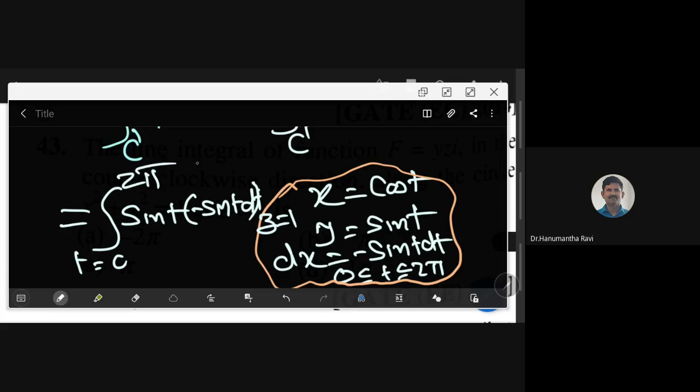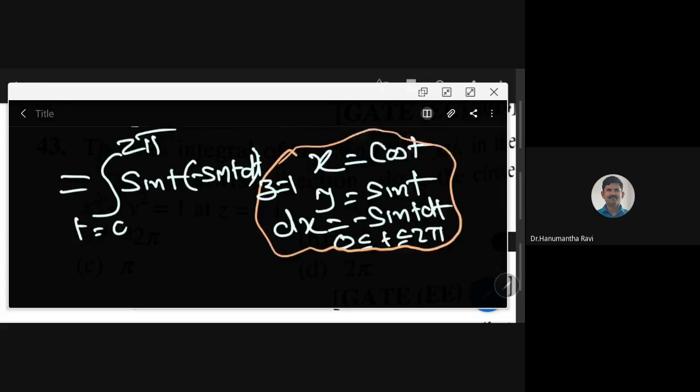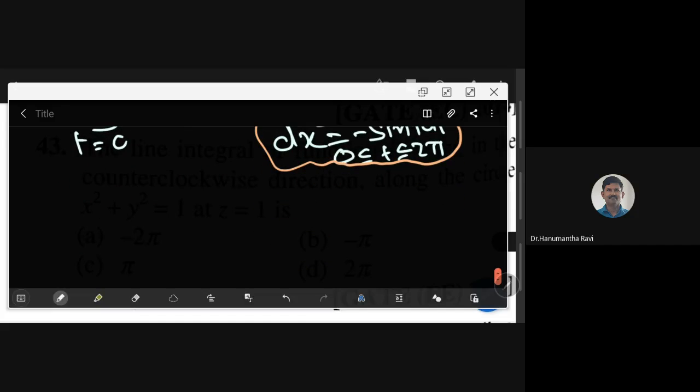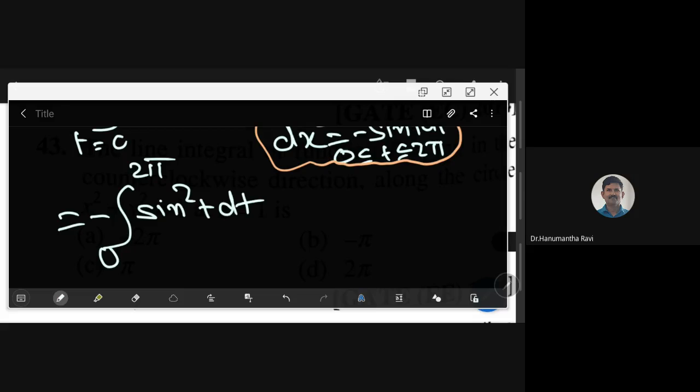Yes, this is done. So this is equal to integral minus 0 to 2 pi sin square t dt. That's all.